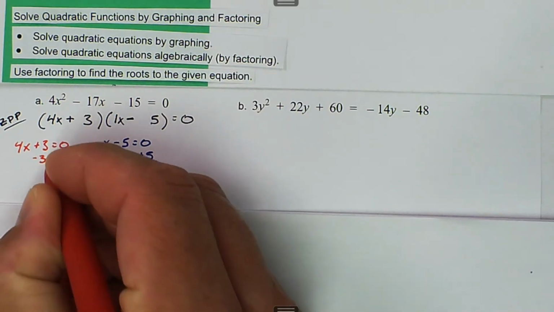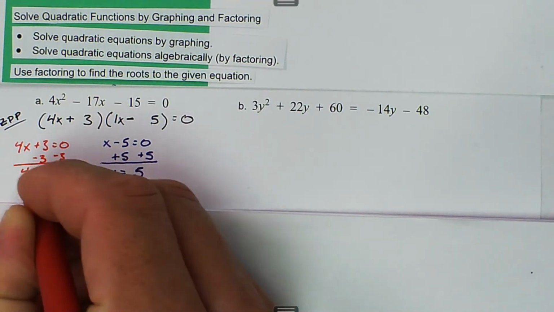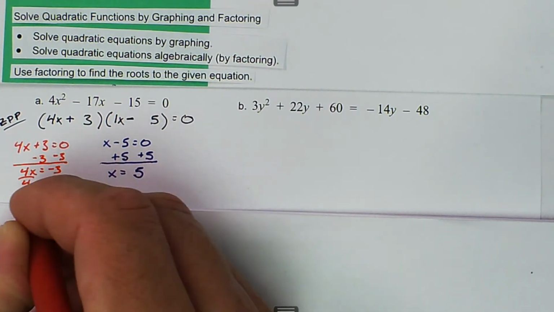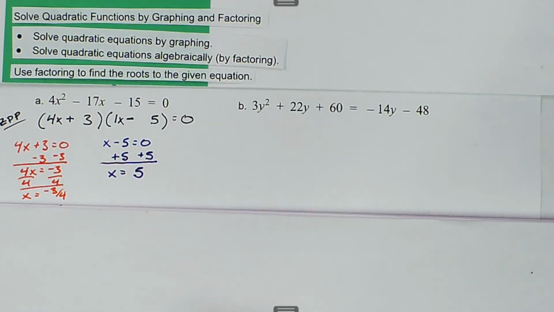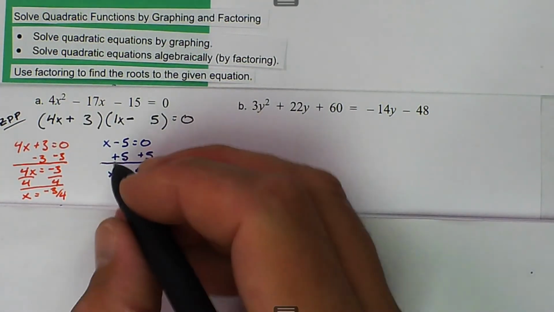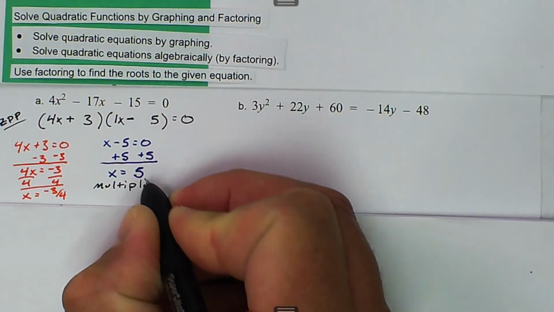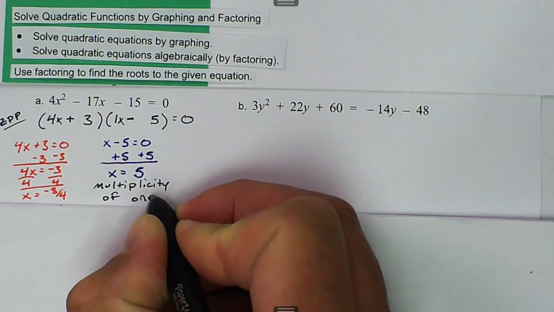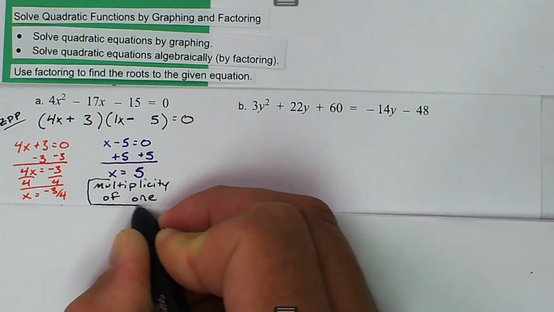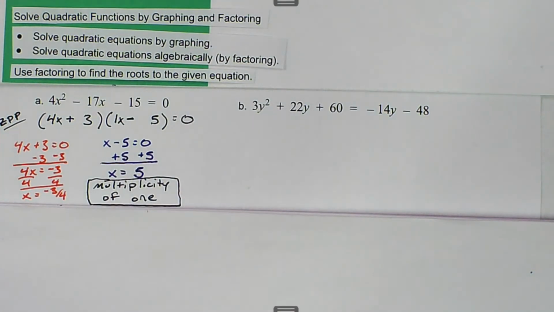And here we're going to subtract 3, and then we're going to divide by 4. So our two zeros are x equals negative 3/4 and x equals 5. In this case, we have a multiplicity of 1, because each zero represents one solution, or each answer represents 1 zero.